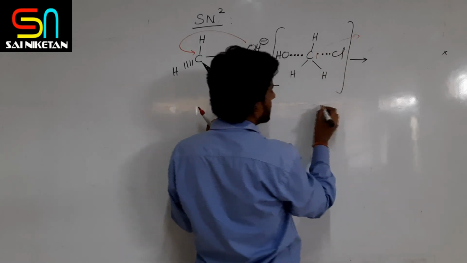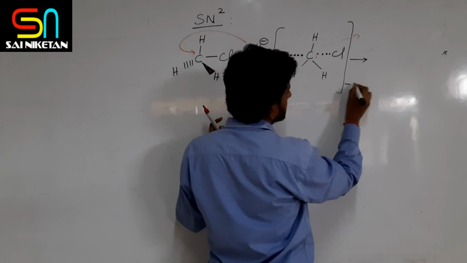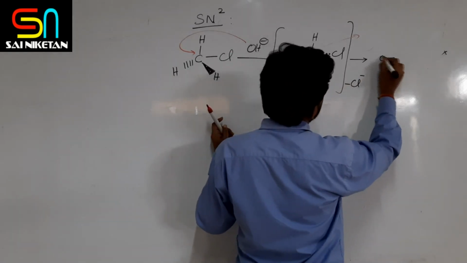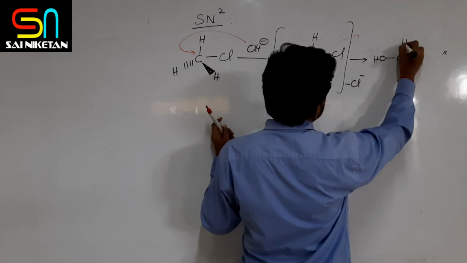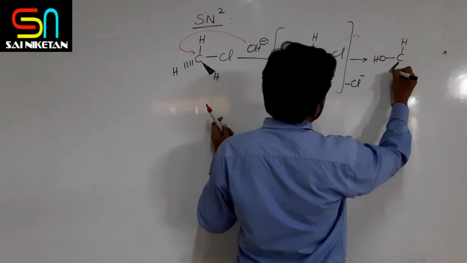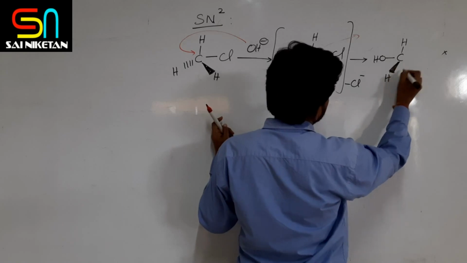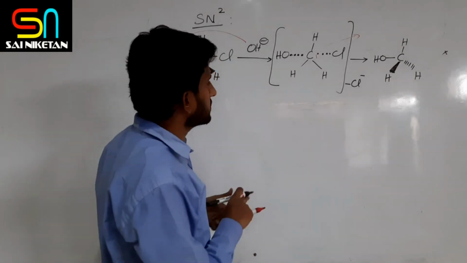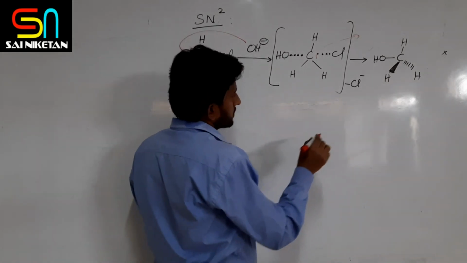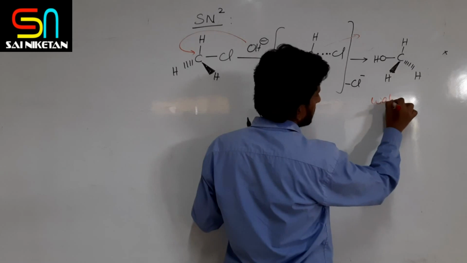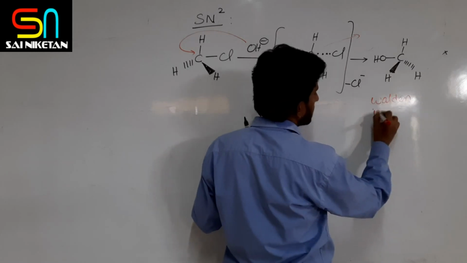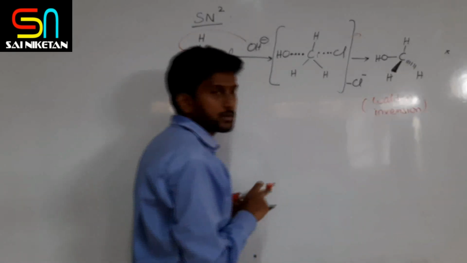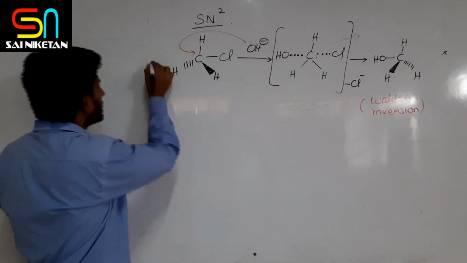So I am writing here minus Cl minus, and the molecule now looks like this: OH, CH, one hydrogen with the dotted line, one with the plain bond. Okay. So this is also called Walden inversion, or inversion of configuration takes place. It is also called Walden inversion.